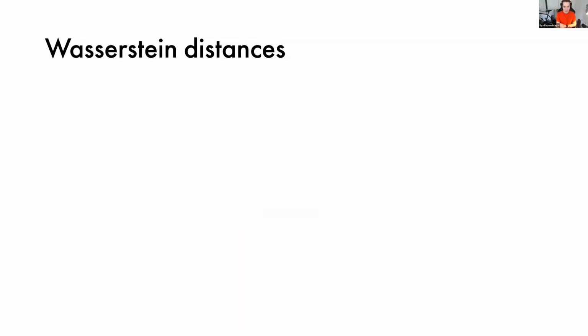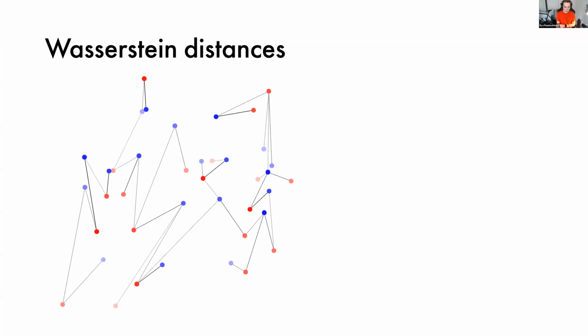So my talk will be about a certain generalization of this simplistic picture. The object is called Wasserstein distances, and let me explain what this means. This is a more or less obvious generalization of the matching from the previous slide, but now instead of having the same number of red and blue points, we can have different numbers of them, and moreover, we will allow weights. So basically, it's convenient to think about two distributions.